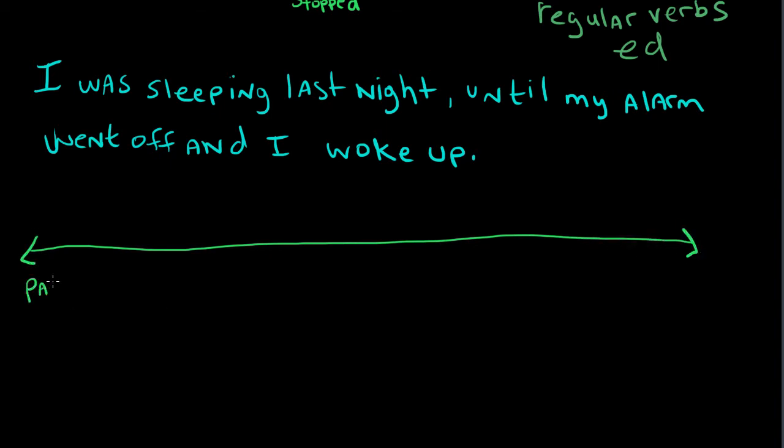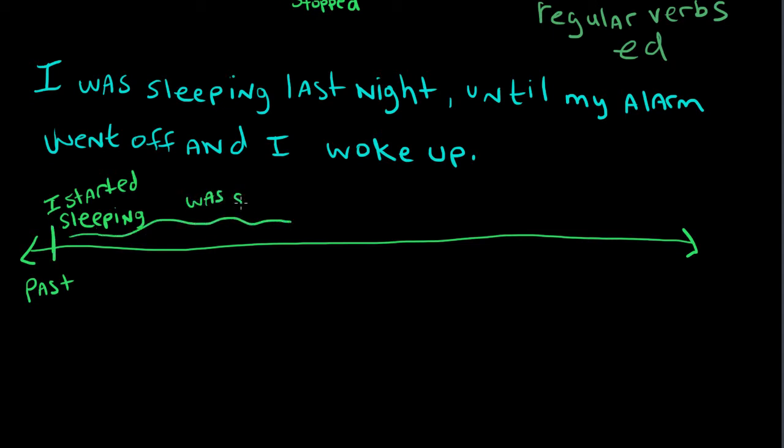Here's the past. I started sleeping here. And then I continued sleeping. I was sleeping, because this is also the past, until about here. Then a completed past simple action happened.